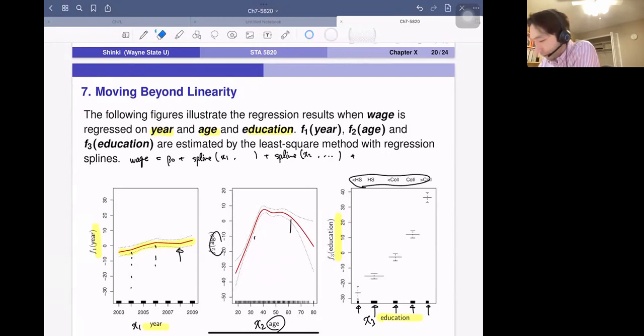Maybe we have the indicator function for less than high school, the indicator function for high school, the indicator function for less than college, and so on. So we have one coefficient for each: beta 3,1 and beta 3,2 and so on, plus epsilon. So this is the model, and the estimated spline curve is here.